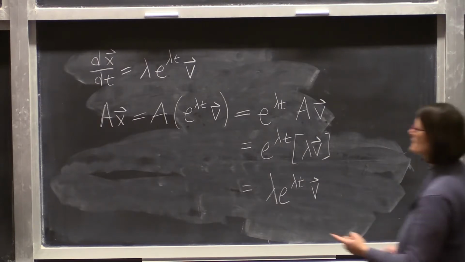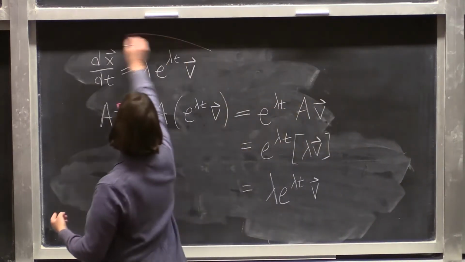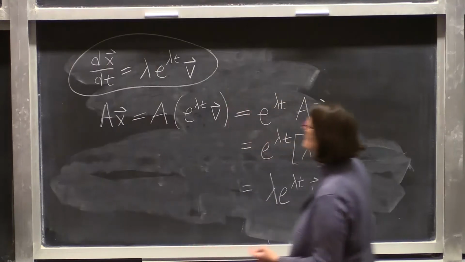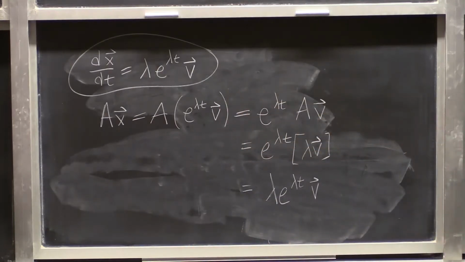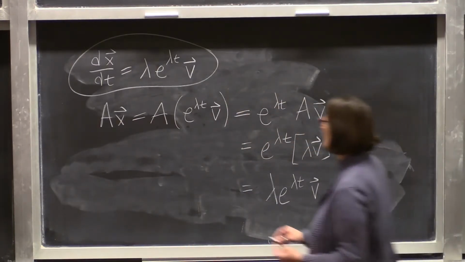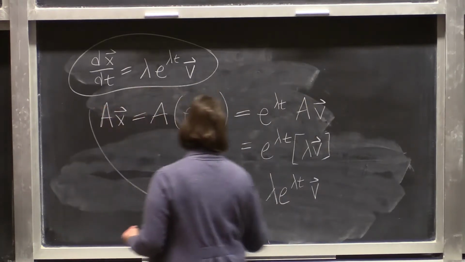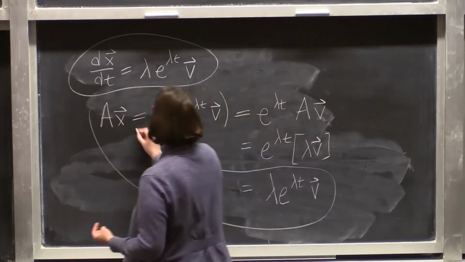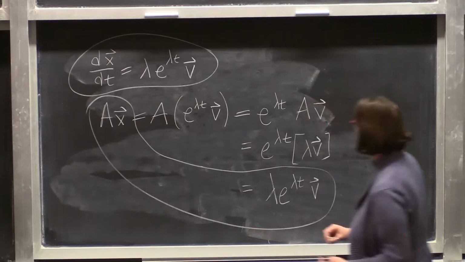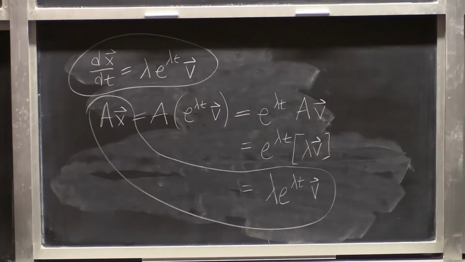So I calculated dx/dt, and I got lambda times e^(lambda t) times v. And I calculated A times x, and I got lambda e^(lambda t) times v.